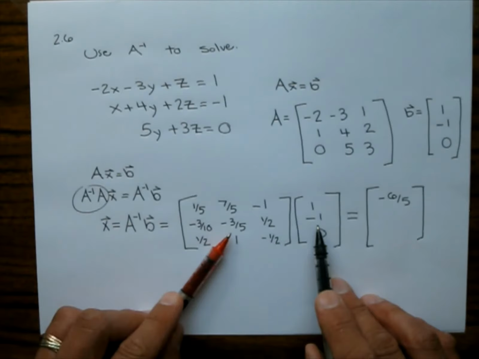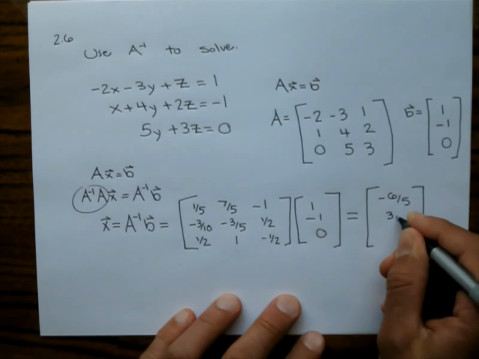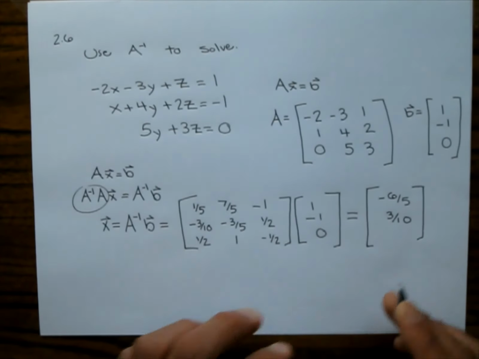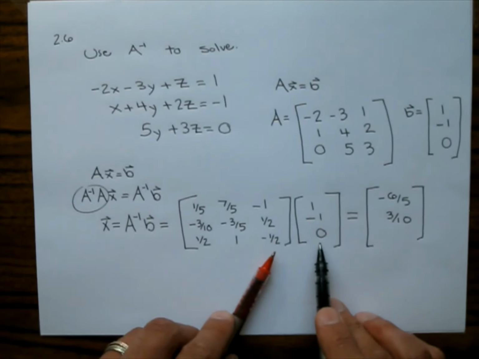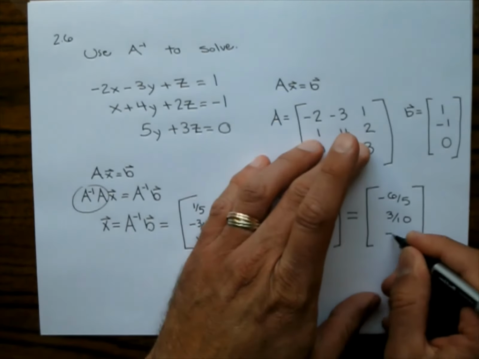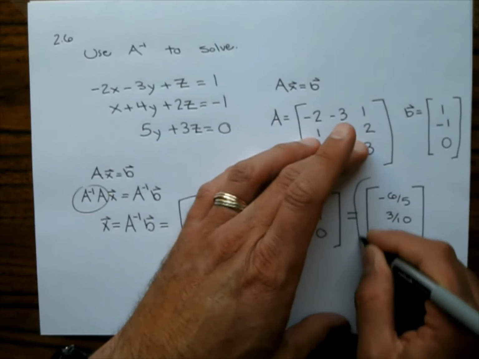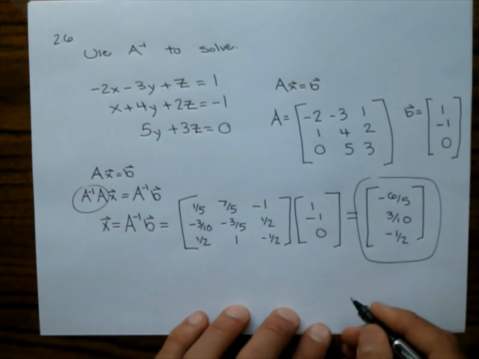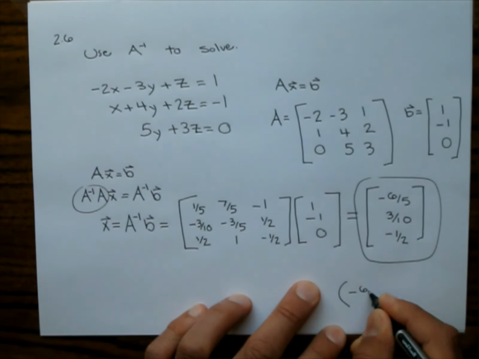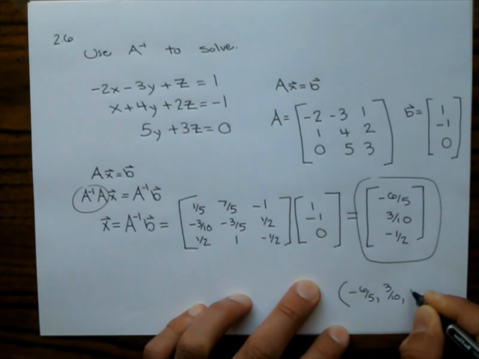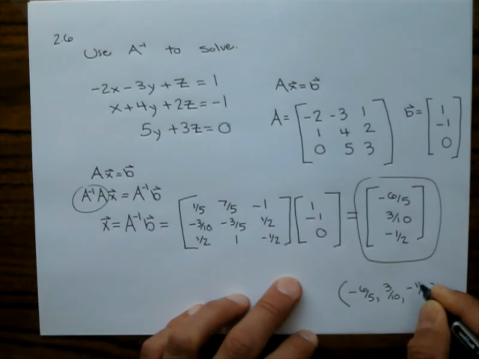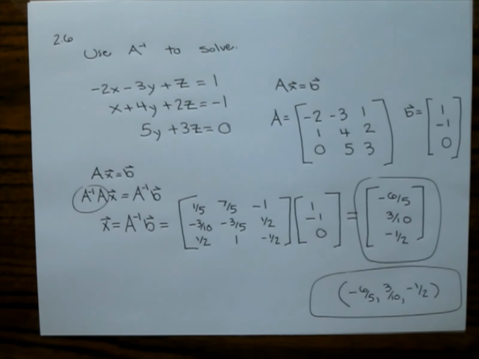So negative 3/10 plus 6/10 is 3/10. Just doing some fractions here in my head. And then we have 1/2 minus 1, and there's a 0, so this is going to be negative 1/2. Now you could write your answer like that, or you could write your answer like this: negative 6/5, 3/10, negative 1/2. And we've just solved that system by using matrices.